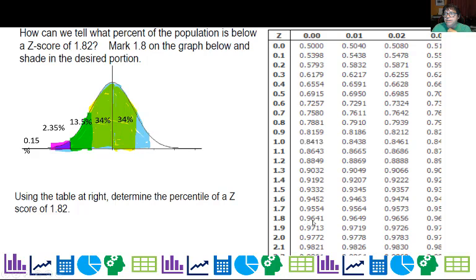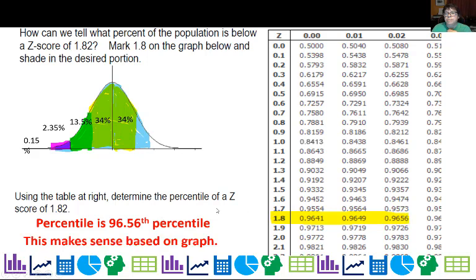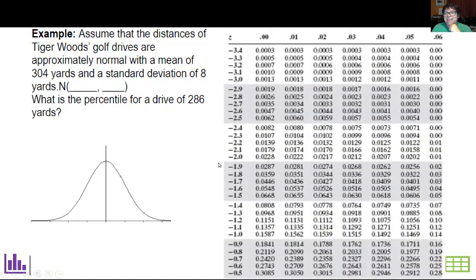This is 1.80, 1.81, 1.82. See how that shows the hundredths place right there. So using that table, the percentile is 96.56 percentile. So this makes sense based on our graph. There's your 1.8.